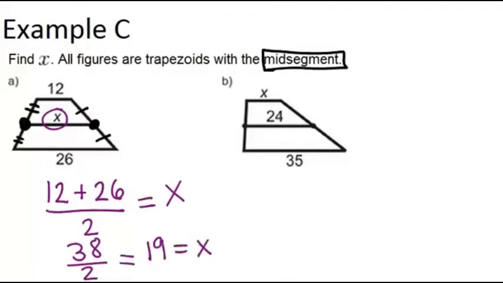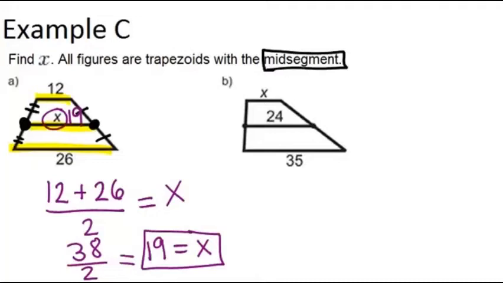So that means x equals 19. And if you think about it, that should make sense because 19 is the number exactly in the middle of 12 and 26, and it should look like the midsegment is in the middle of the lengths of 12 and 26.